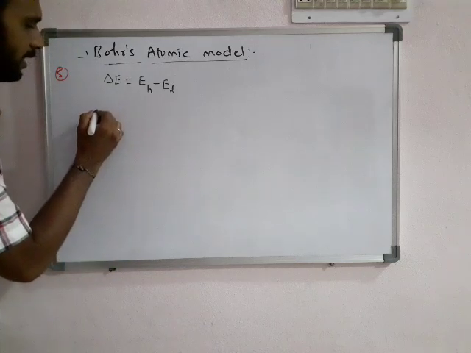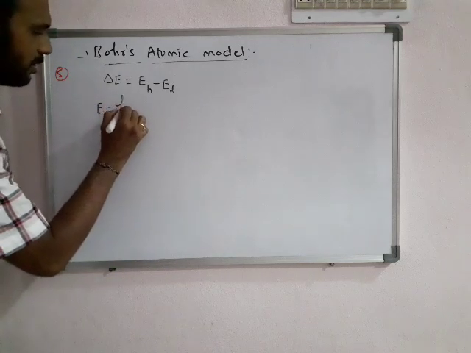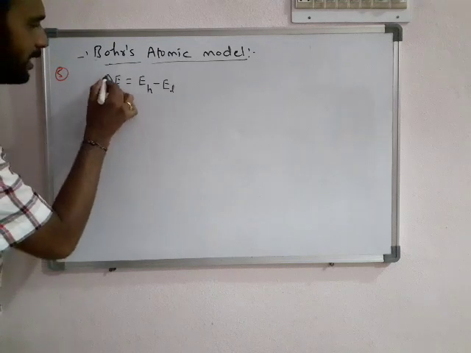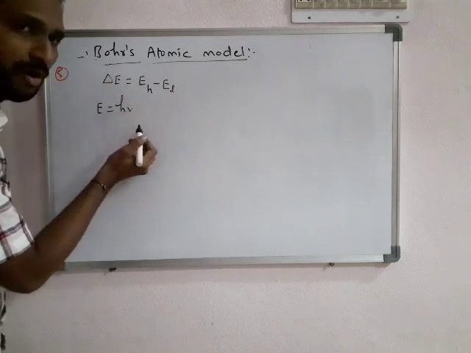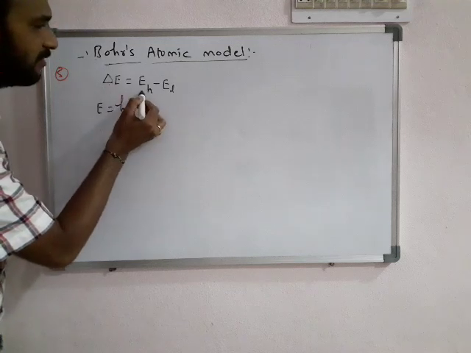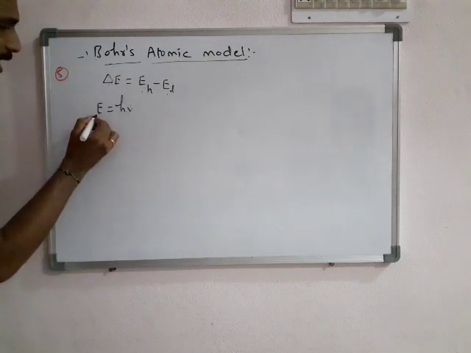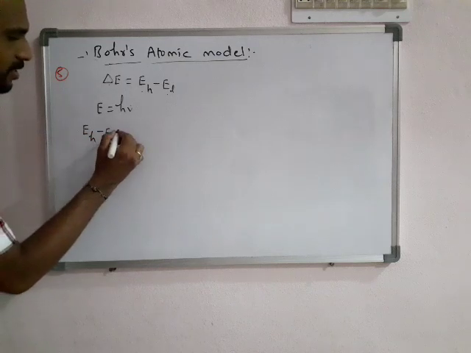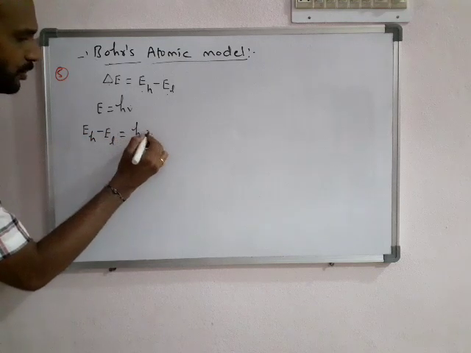I think we know that generally an equation is E is equal to h nu according to Planck's quantum theory. So delta E is also an energy form, but here the energy is the difference in the energies. Here we can write E higher level minus E lower level equals h nu.